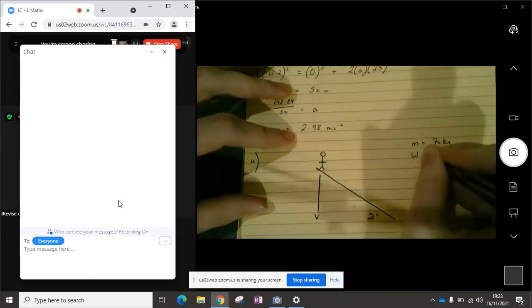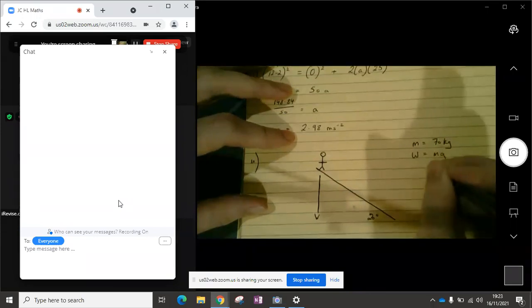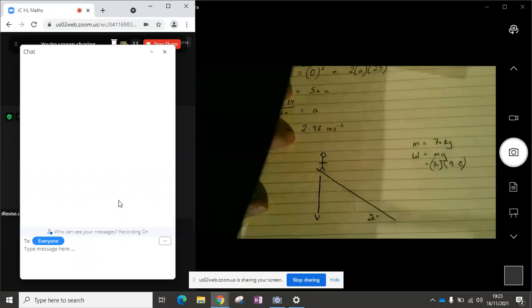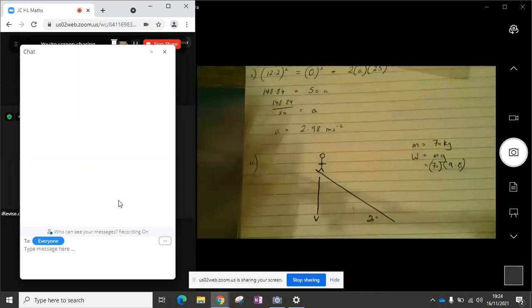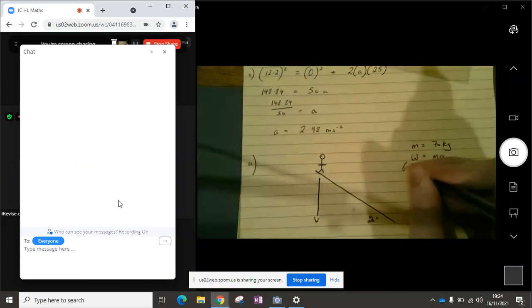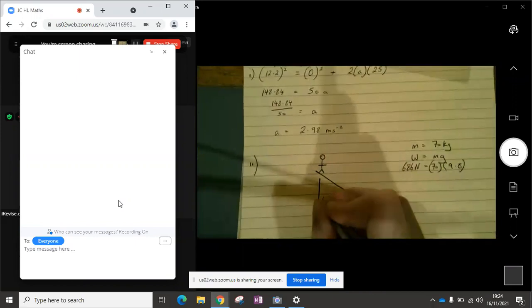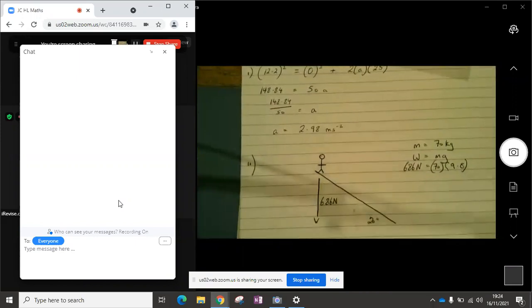That means his weight is equal to mass times gravity, which is 70 times 9.8. That gives you 686 newtons. Okay, so this guy's weight is 686 newtons downwards.